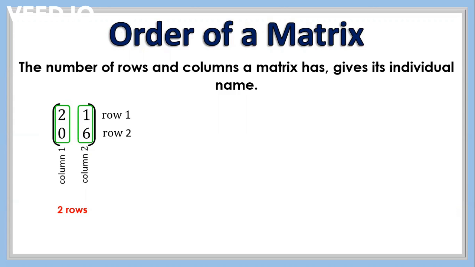Please recall that rows are horizontal arrangements and columns are vertical arrangements. So this matrix has 2 rows and 2 columns. So the order or the size of this matrix is called a 2 by 2 matrix.